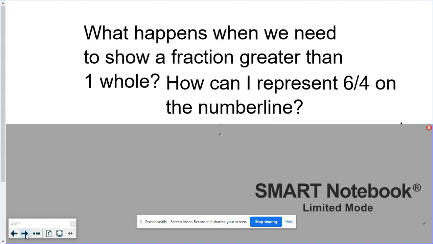So what happens when we need to show a fraction greater than 1 whole? Let's take a look. I see that the fraction 6/4 has a numerator that is bigger than the denominator. That lets me know that my fraction is going to go past 1 whole.